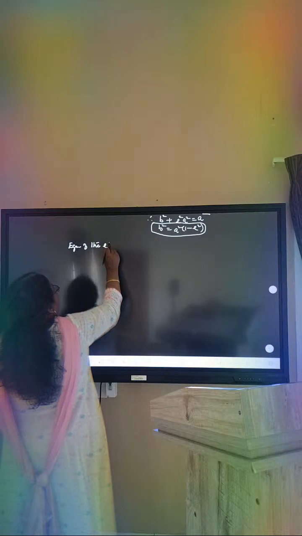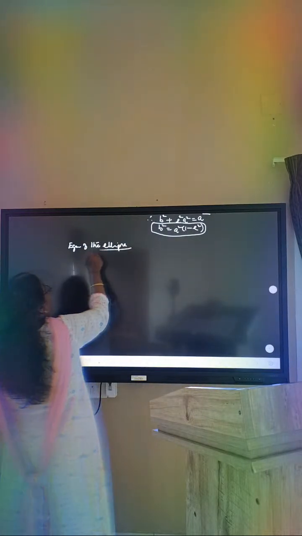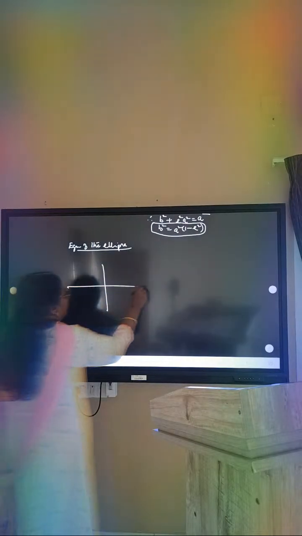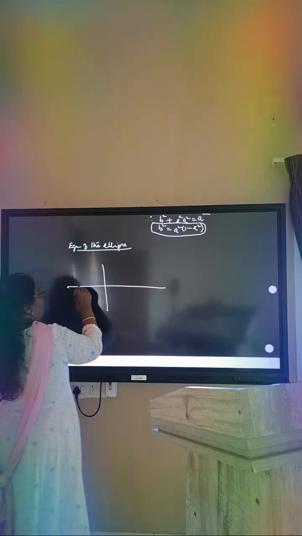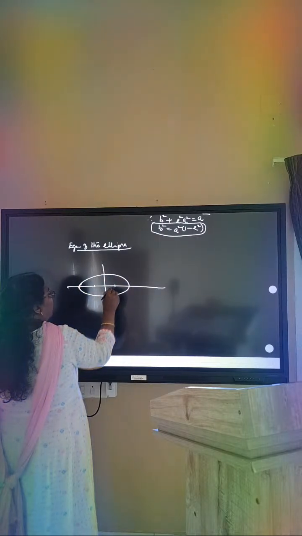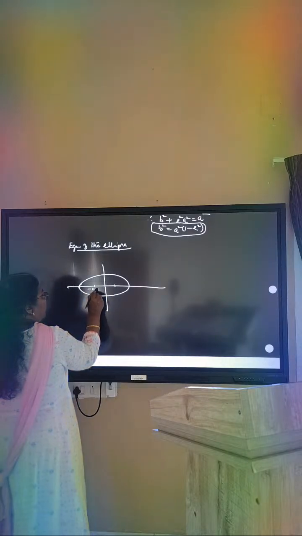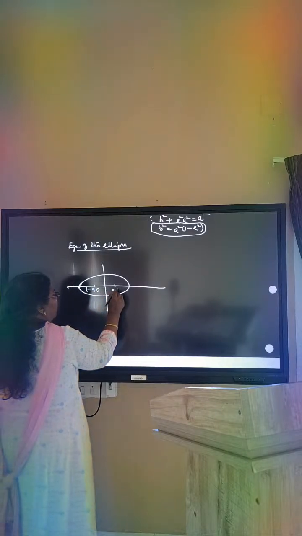Equation of the ellipse. For that, what you have to do is consider the foci, which are minus c comma 0 and c comma 0.